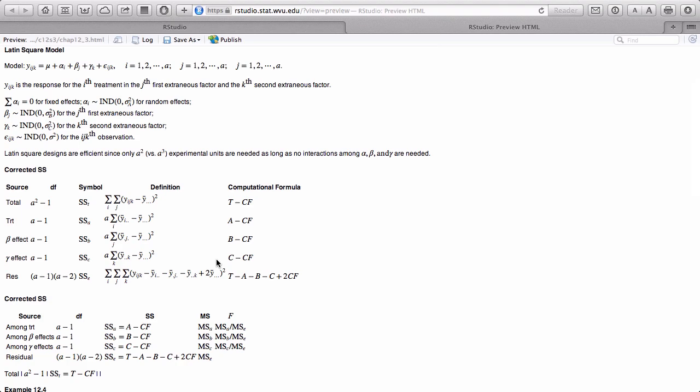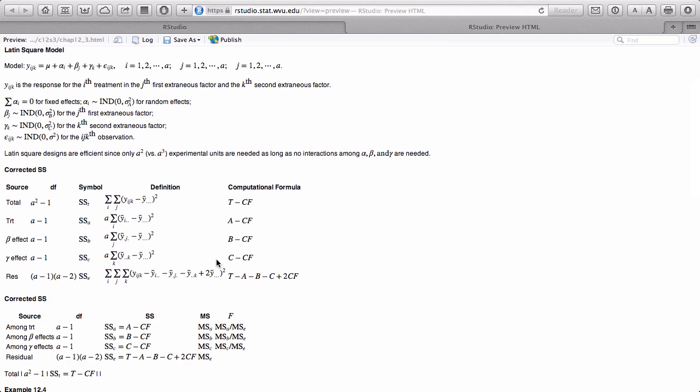And so what we're going to do, if we have 4 by 4, is have four levels for the rows and 4 levels for the columns. We also have to have 4 treatments because we're going to randomize the treatments within that Latin square so that each treatment appears exactly once in each row and column.